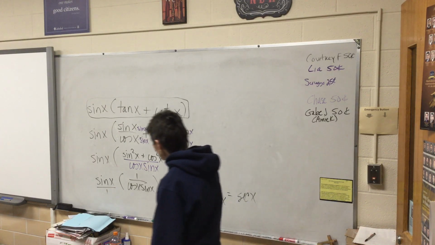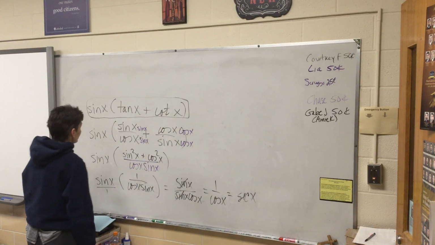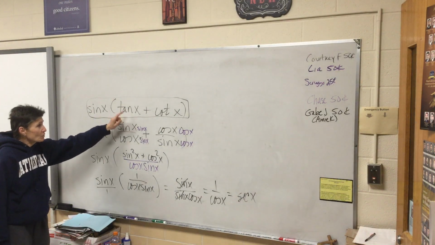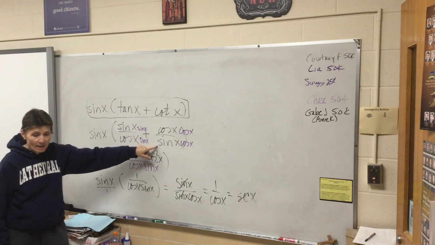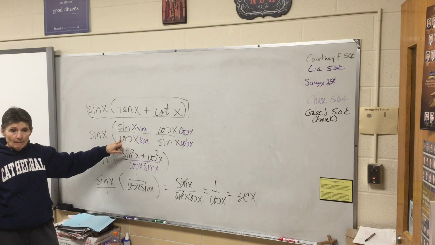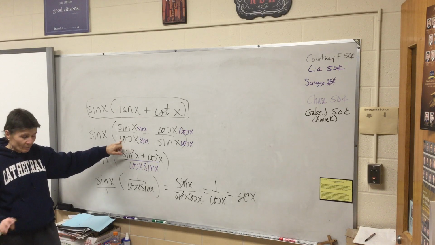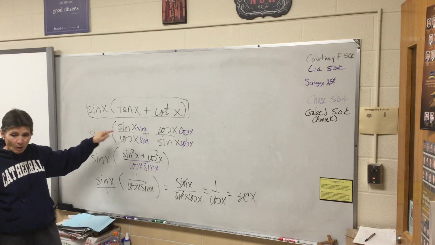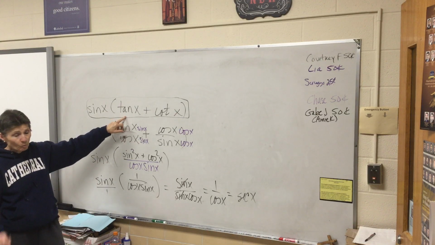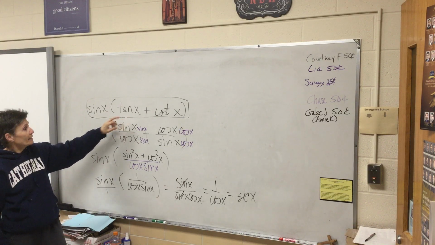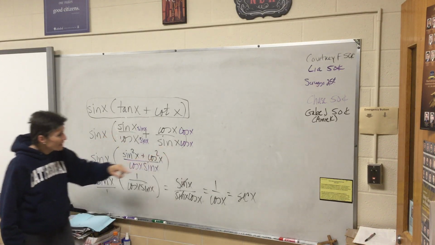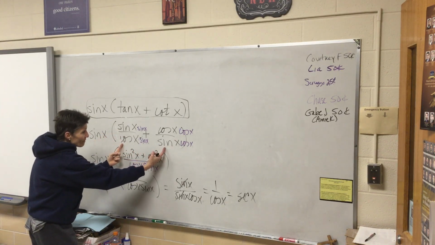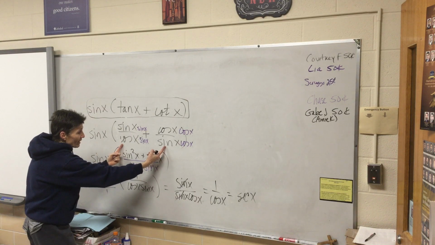Let's go back through the steps to make sure we understood every step along the way. First thing we did was change our tangents and cotangents into sines over cosines. We've only done, what, 3 or 4 problems, and we've done that twice already. That's a big deal. When you see a tangent, one thing to think about is change it into sine over cosine. Once I got them changed, then I noticed that I have two fractions to add together.